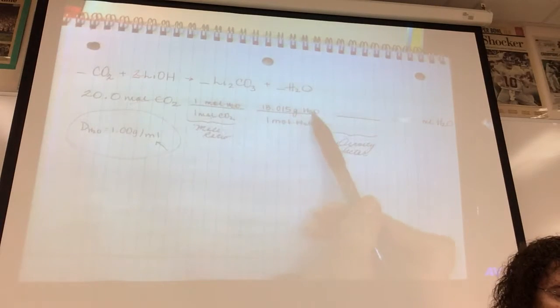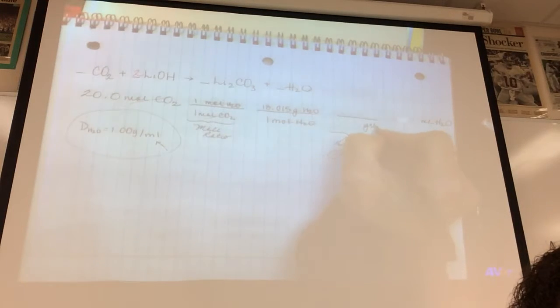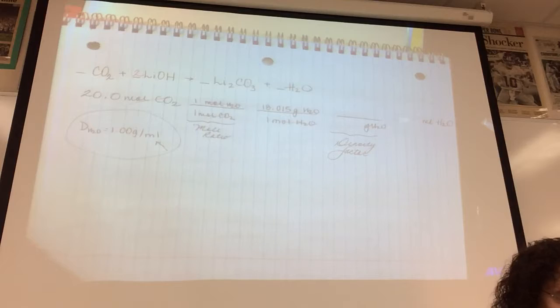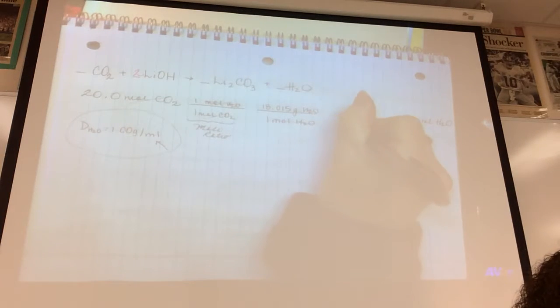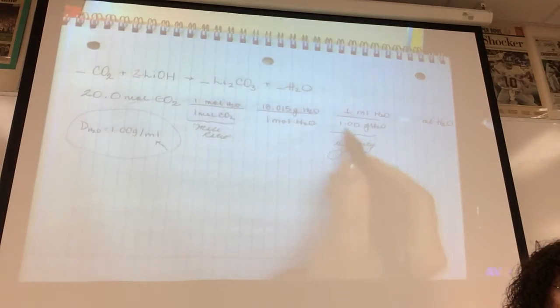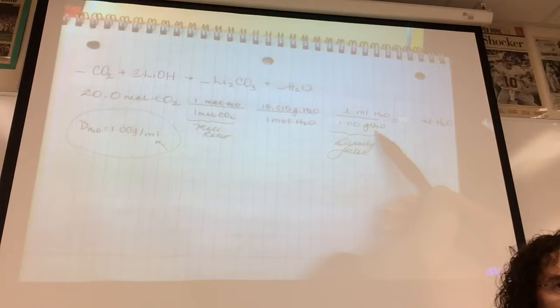If I have grams of water here, then grams of water must go here. The number that goes with grams is 1.00, and that's per 1 mil of water. So this density factor, if you're solving for the volume, is the reciprocal of the density.